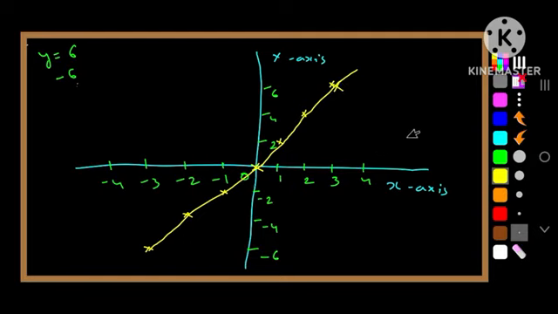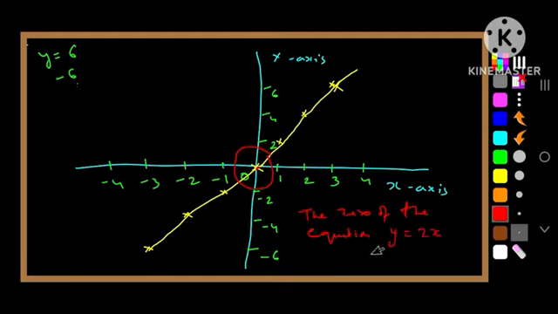So that means we have to find out the 0. This line is touching the x-axis at 0. So the 0 of the equation y is equal to 2x is 0.